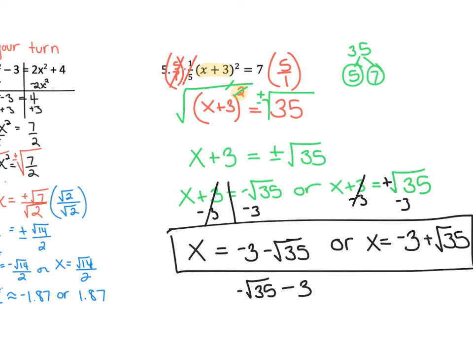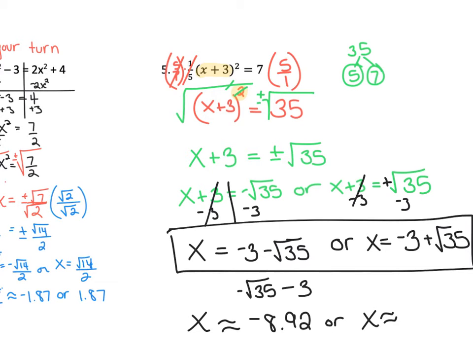Now what are my approximate answers? Well, you would have to type negative 3 minus root 35 into the calculator. And that gives me x is approximately negative 8.92, or, okay, so make sure you round right. I've got some of you that still struggle with rounding. I'd hate for you to do all this work and then get problems wrong just because you can't round appropriately to 2 decimal places.